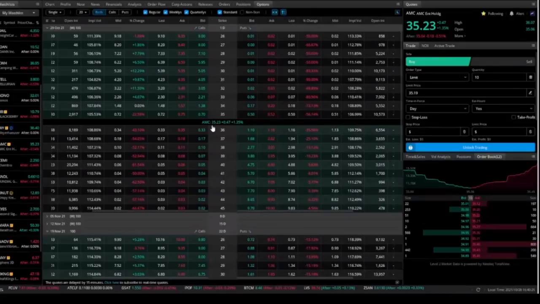And as you can see, AMC currently is trading at $35.23. So it separates between the 35 and the 36 strike prices so that you can see the price, because later on down the road, it'll be important to know that price at all times. But for this class, we just want to be able to identify where the current price is and then the various strike prices listed on this page and the ask. Now, over on the right-hand side is something we probably shouldn't be looking at yet, but a lot of the times you're going to see this when you pull up Webull options.